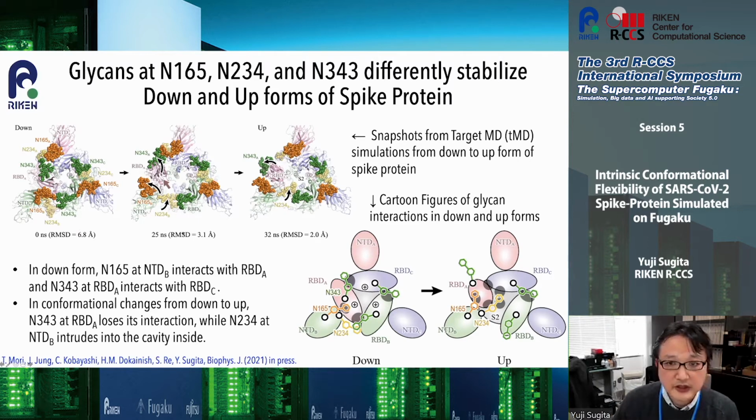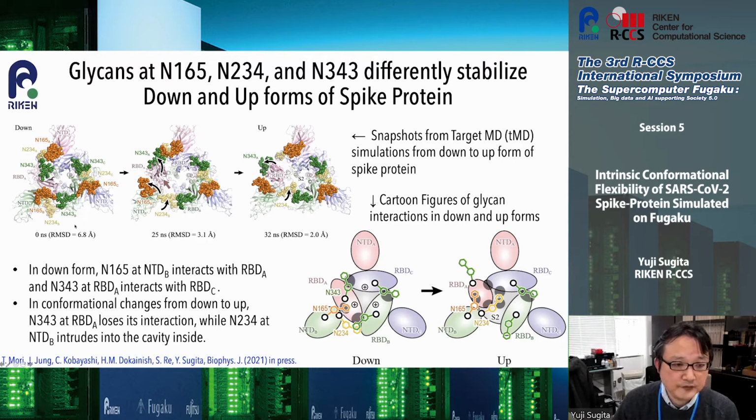This figure is one of the examples of the snapshots from the targeted MD, starting from the down conformation to the up form of the spike protein. And here, the three glycans attached at 165, 234, and 343 are highlighted because they are important for the stabilization of each form.